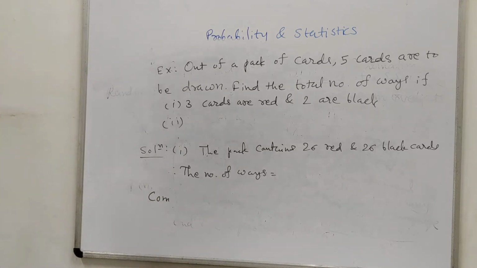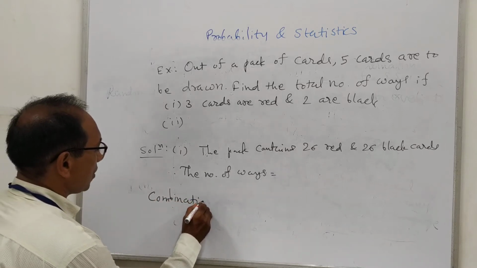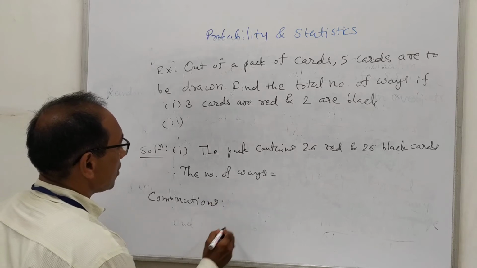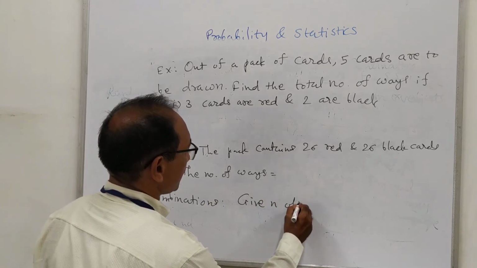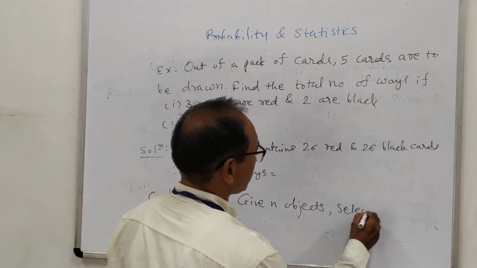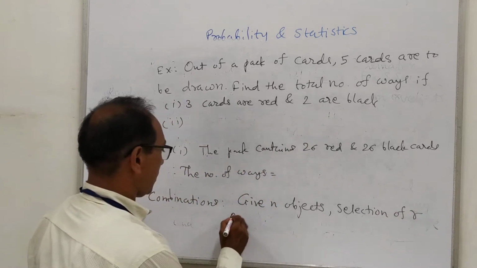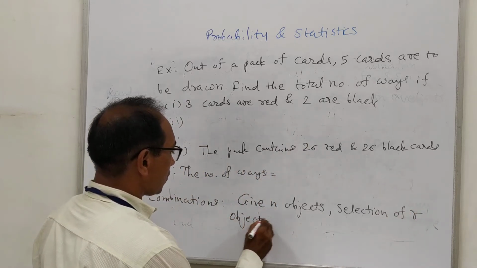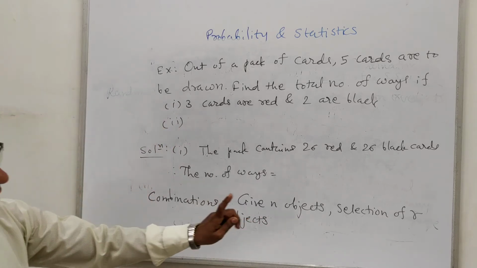So here we need to understand combinatorics. Combinatorics involves both permutations and combinations. After permutation we will see combinations. Combination means that from the given n objects, the selection of r objects is known as combination. Here the word selection is clearly written.